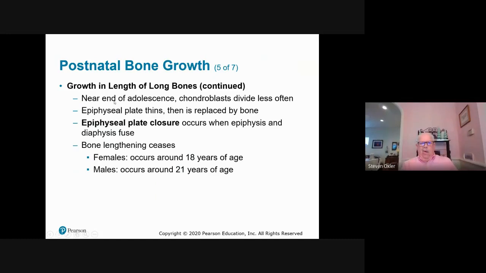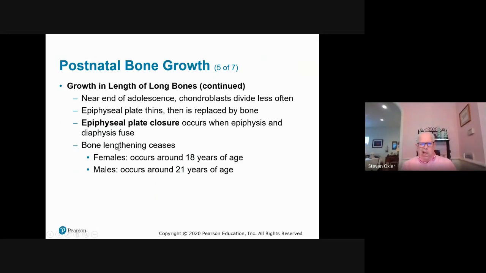Here it is. When you become an adolescent at age 16, 17, 18, 19, chondroblasts divide less. They're not making any more bone. The epiphyseal plate thins, is replaced by bone. The epiphyseal plate closes and becomes the epiphyseal line.